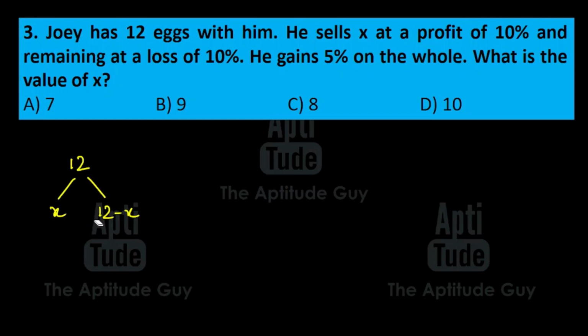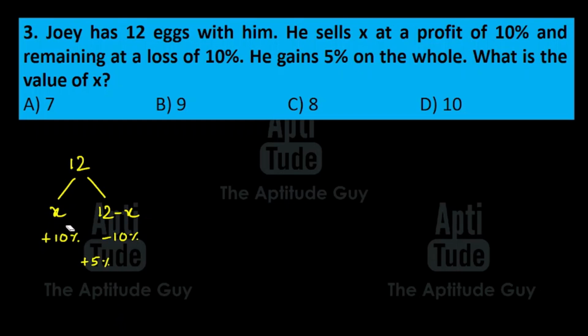A lot of people make a mistake and write x minus 12 over here. No, x eggs are gone, the remaining are 12 minus x. So x eggs are sold at a profit of 10%. 12 minus x eggs are being sold at a loss of 10%. And overall, there is a profit of 5%. So what is the value of x?